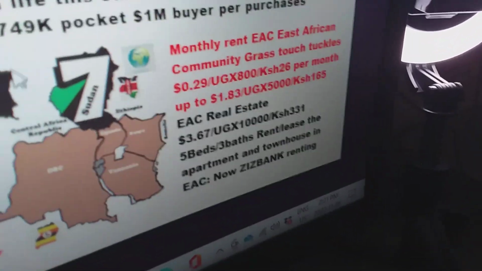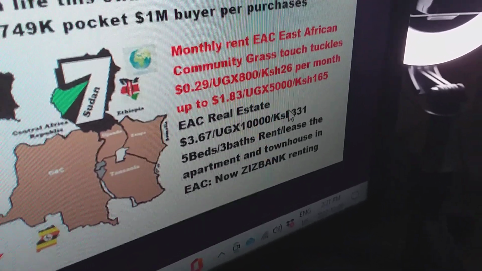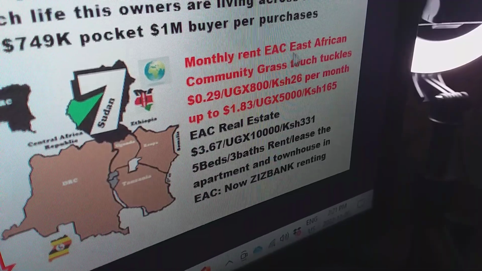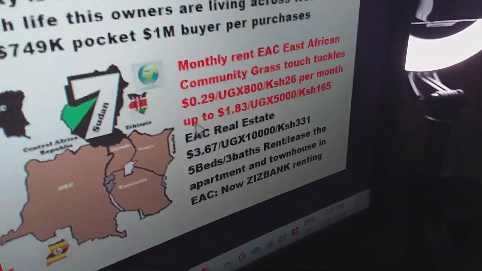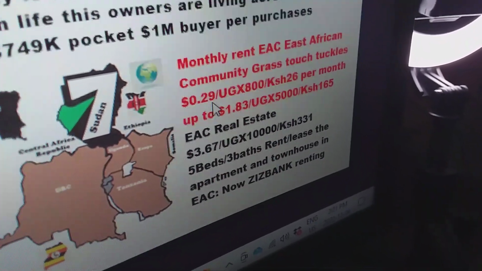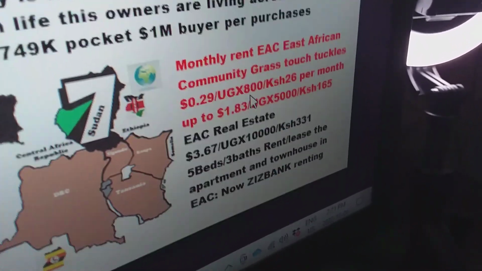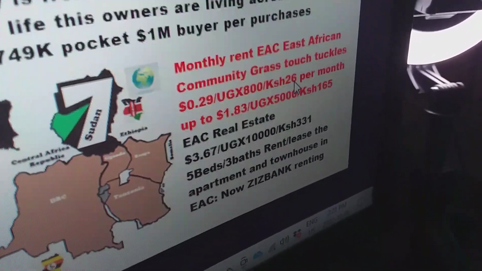So if you look here, this is East Africa, this is African country, this is grass touch. Okay, monthly rate in there should be the community grass touch tokens. That is this much, less than 30 cents for grass touch. And that is roughly 800 Uganda shillings. That's roughly 26 shillings per month.